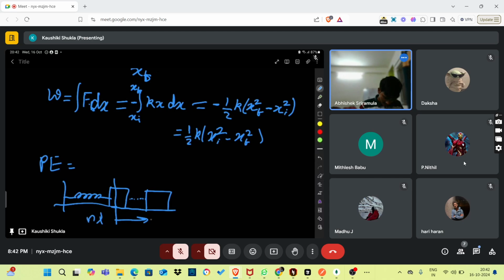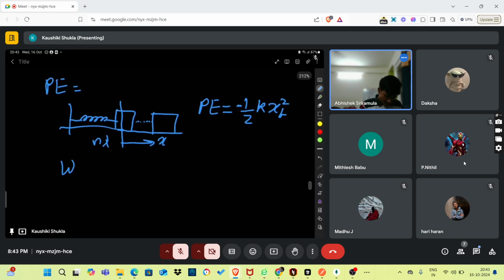Initially at natural length, it is expanded by some distance x, so the initial extension will be 0, right? The work done by the spring force, if the initial expansion is 0, will be negative half k xf square.